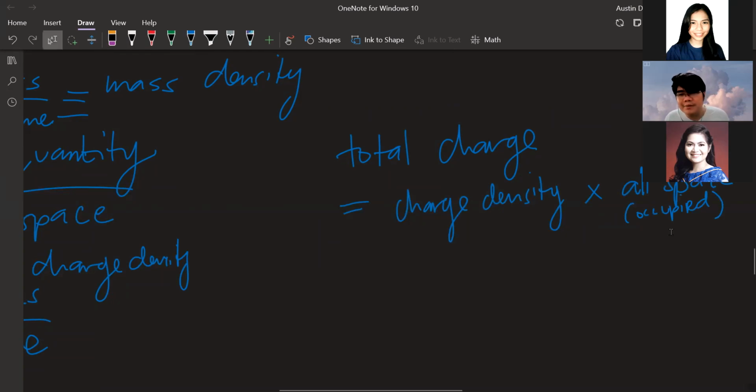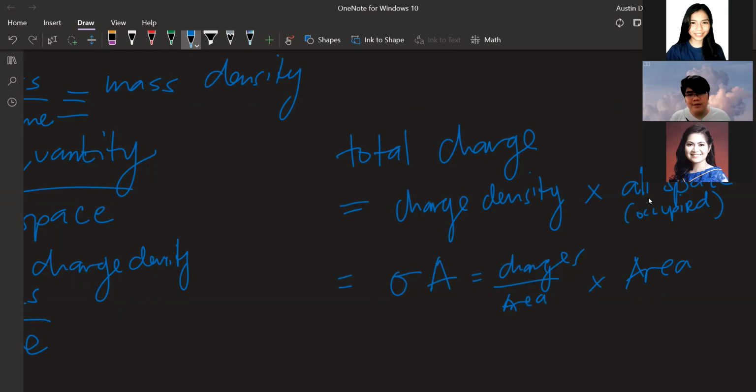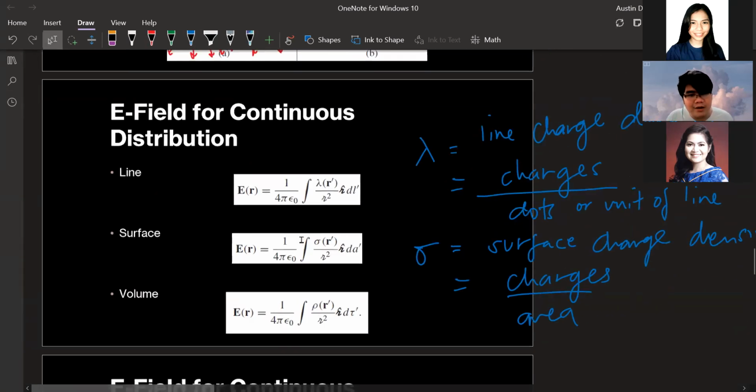Lagyan lang natin ng occupied para malinaw sa atin. Okay. So why is this? So pag sinulat natin yung total charge for sigma, pag sigma times area, di ba yung ito ay charges per area. And if we multiply that by area, the total area that is occupied by your charge, hindi magka-cancel yung area. Makukuha mo yung total charge. Total. Make sense, di ba? Kaya yung mga integral mo, ganun.